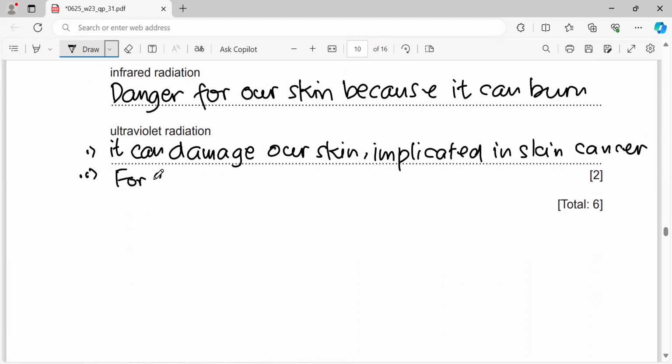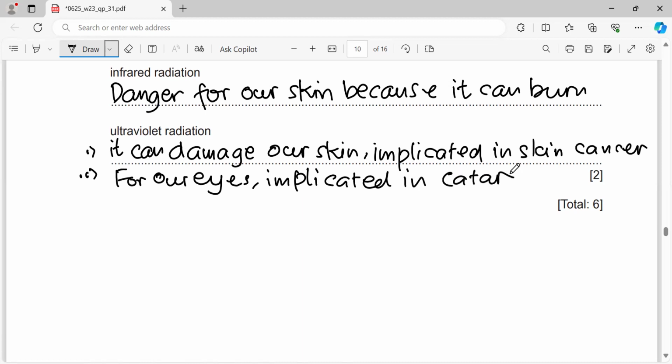And for our eyes, it is implicated in cataract.